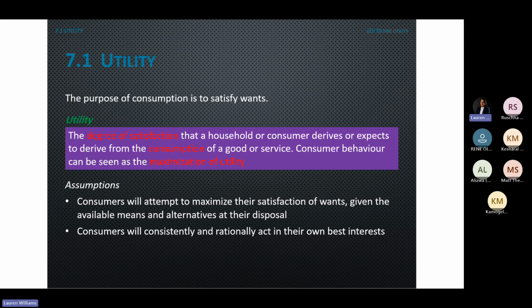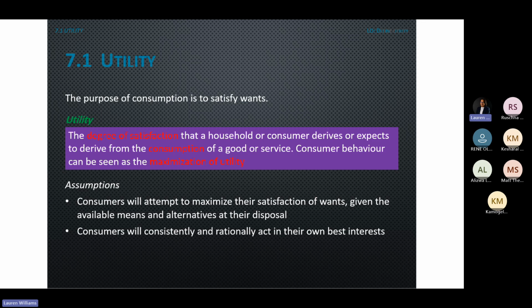If it gets cold, we will drink coffee. If it gets hot, we will drink Coca-Cola or Fanta or something else to cool us down. We are acting rationally. We will act consistently the whole time, and that's how businesses then predict our behavior, because we're constantly acting rationally, if I can put it that way.